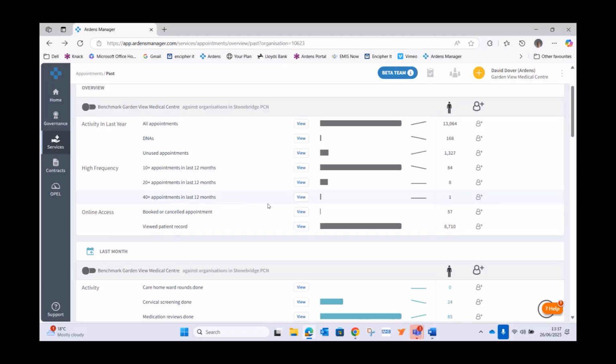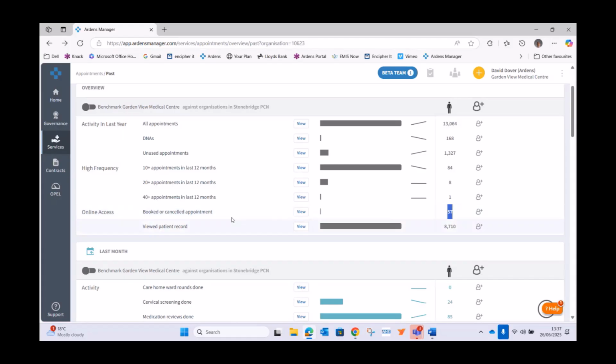But as a practice, have we continued in that vein? If not, why not? And if we have dropped down numbers significantly, is that in and around training within our practice, reception teams being fully confident on being able to discuss how patients sign up for online access to be able to book their own appointments, cancel their own appointments, and so on.